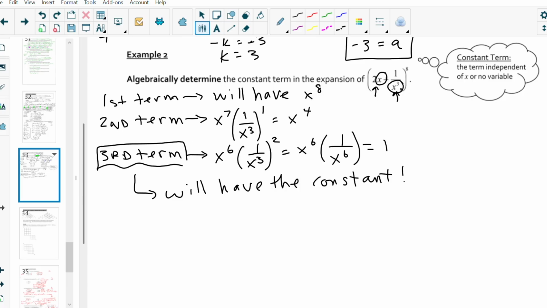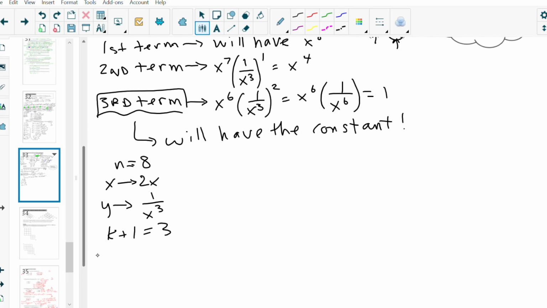Okay, and then if you encounter a problem that says, okay, great, the third term has the constant, well, what is the third term? So let's figure out the third term. Let's do that just for fun. Okay, n equals 8, x is equal to 2x, y is equal to 1 over x to the 3rd, k plus 1 equals 3, third term, so k, solving for k equals 2. Here's my formula.